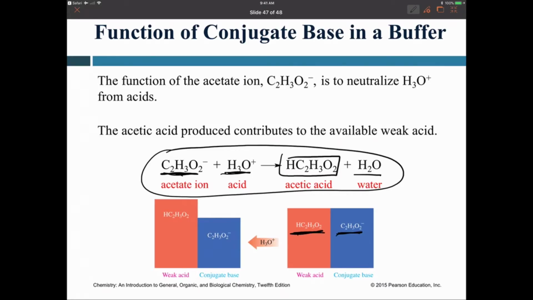Remember, they're in equilibrium. You add acid, the concentration of the acid on the left is going to go up, and the concentration of the base is going to go down because the base is reacting with the acid. Okay, so far so good, right? If you add base to an equilibrium, the concentration of acid goes down. If you add acid, the concentration of base goes down.